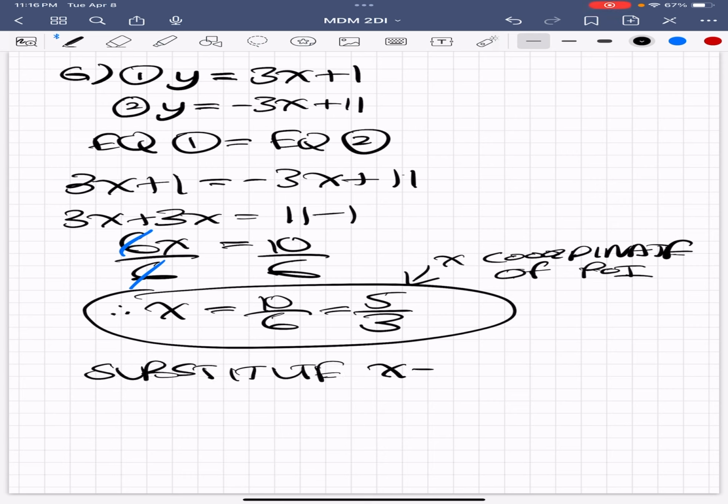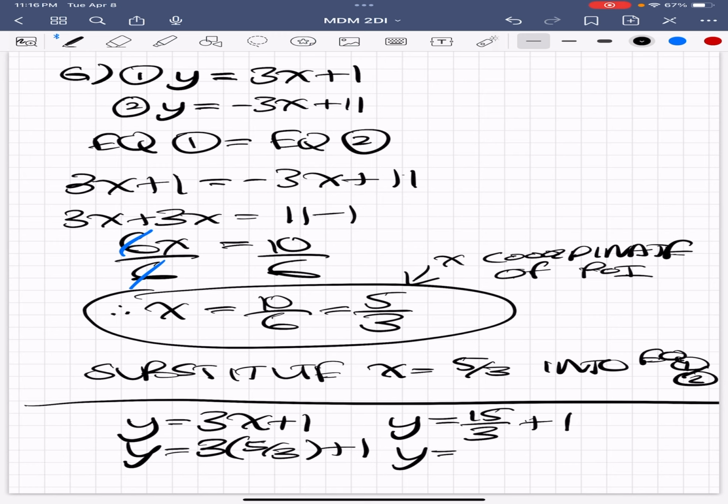Y equals 15 over 3 plus 1. Y equals 5 plus 1. Y equals 6. That's the y coordinate of the POI.